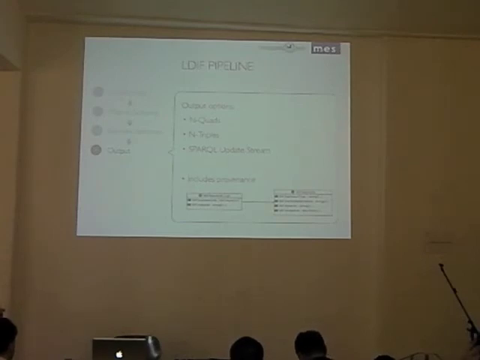Finally, output. We can output n quads, which is like n triples, but with a graph reference, n triples, and also we can write to Sparkle stores. Any data that we output, we want to include provenance, which means information about where did we get this information from, and when did we get it.